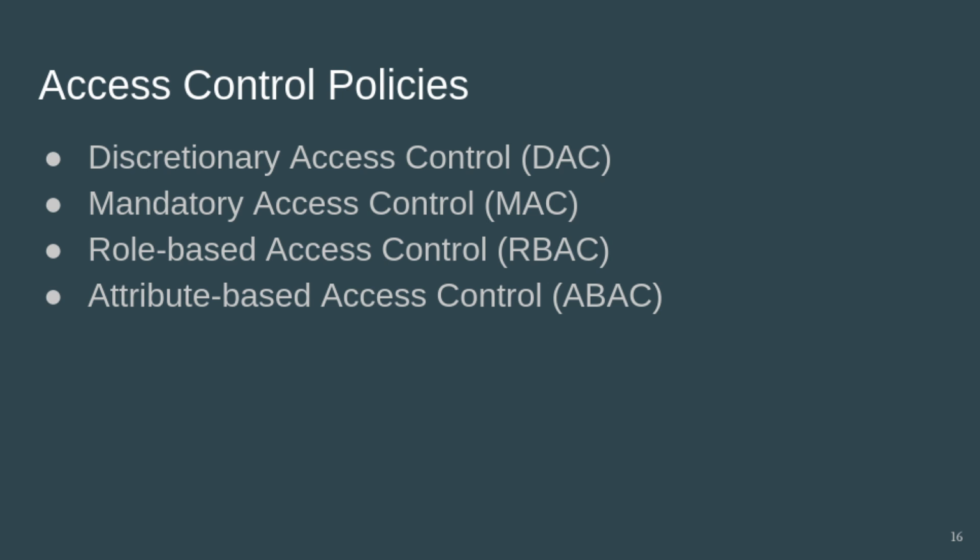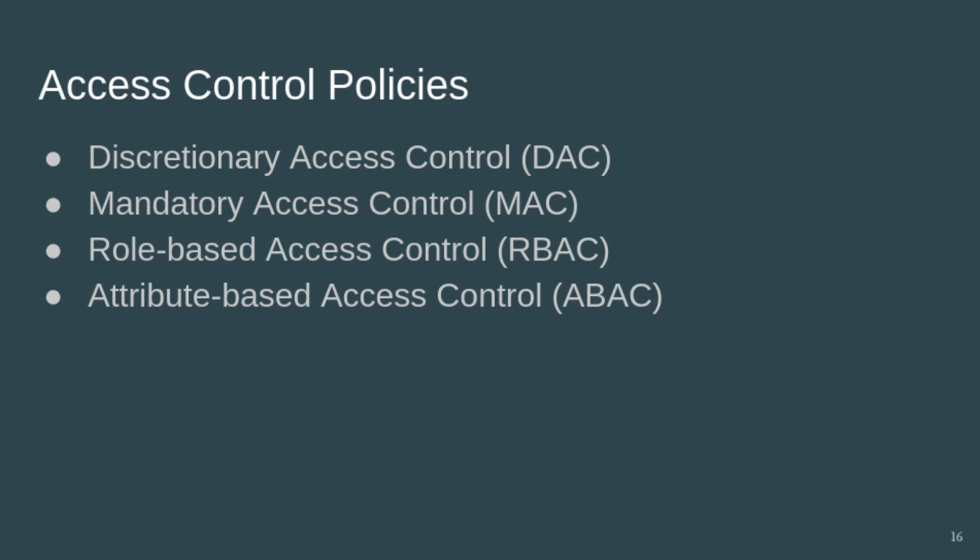With mandatory access control, decisions are based on the security clearance of a requester, the subject, and security classification of the resource, the object. It is mandatory because individual users do not get to make access decisions about resources. If I create a file under mandatory access control, I don't get to decide who else can read the file. This type of policy makes sense in high security environments.